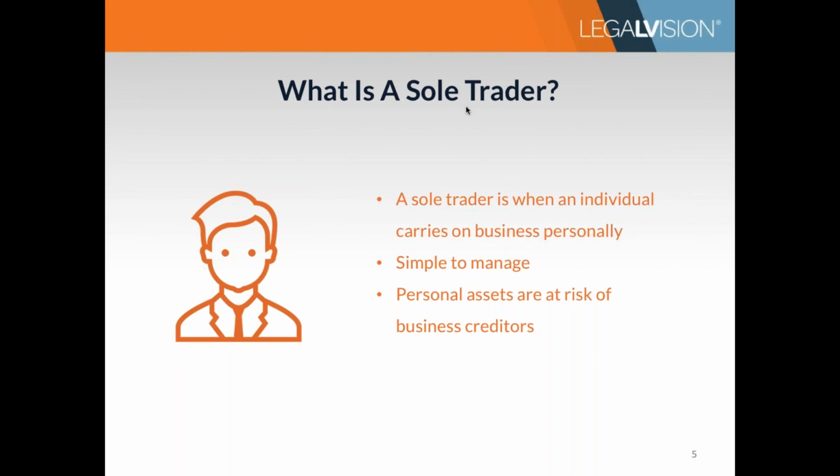So if you have a house, for instance, business creditors can get at that personal asset, a very important personal asset in your main residence. So overall, even though it's quite a simple structure, inexpensive to set up and operate, it's really not good from an asset protection perspective, and on that basis, it's not as common.